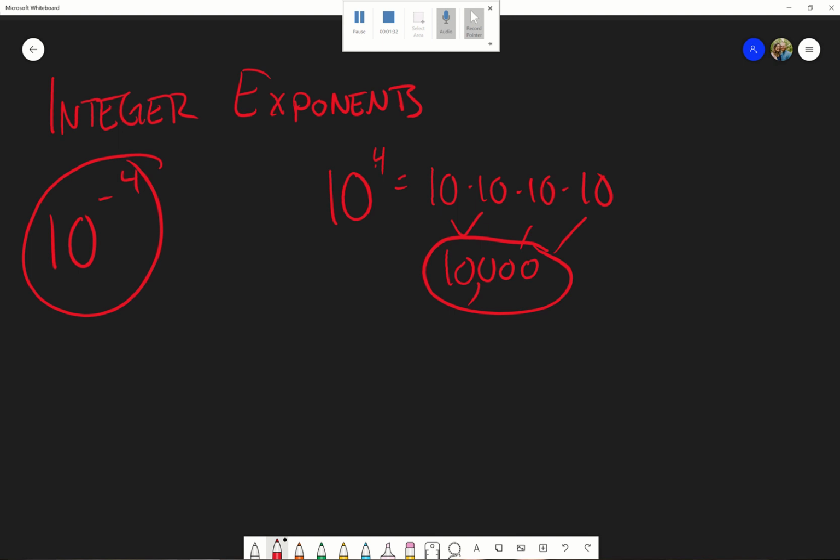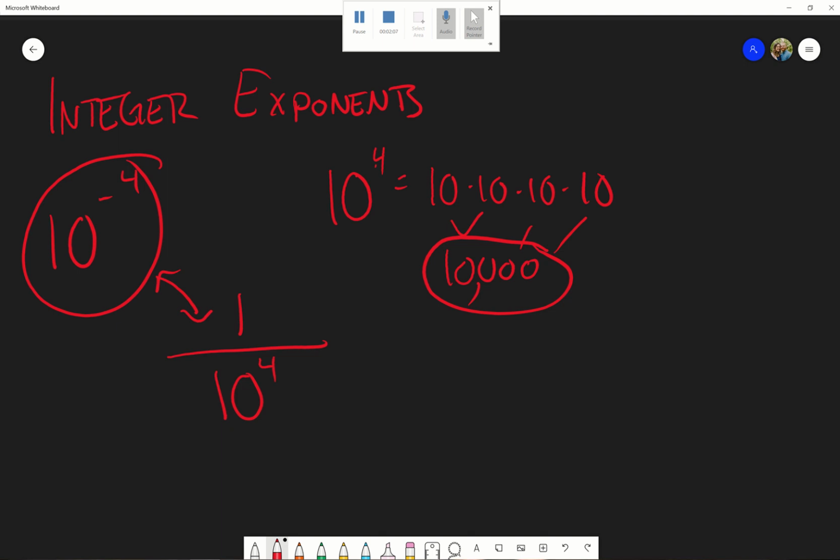Whenever we see a number raised to a negative exponent, the way we solve this is we will turn this into a fraction where 1 is on top and the positive version of that exponent is on bottom. All right, so these two go hand in hand. So 1 goes on top, and it's 1 divided by whatever the positive version of that exponent would be.